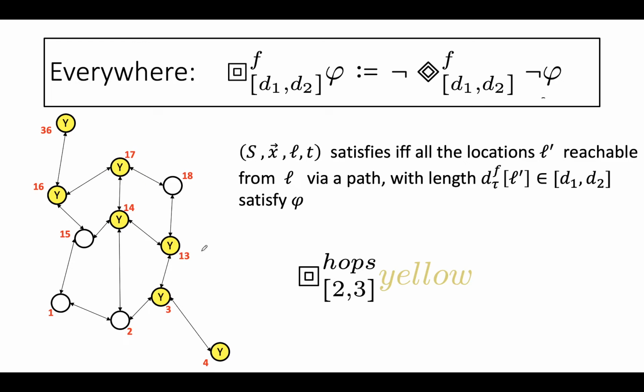Then we see the everywhere operator, which instead of saying that there exists a location at a certain distance that satisfies the property phi, says that all the locations that belong to the interval d1 and d2 must satisfy the property phi.